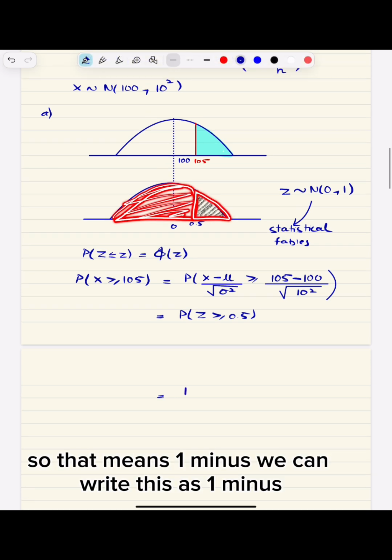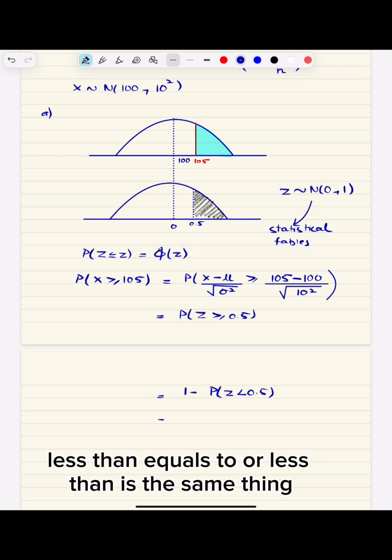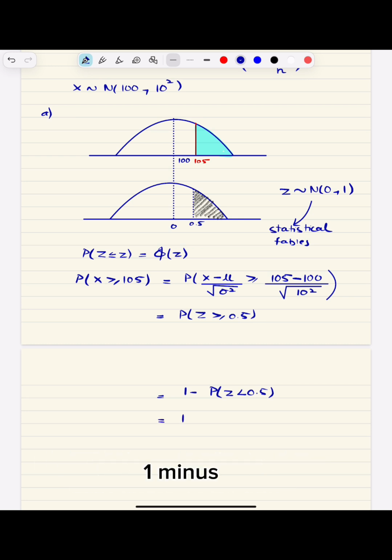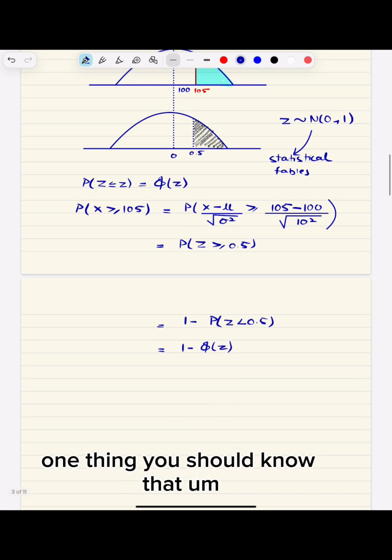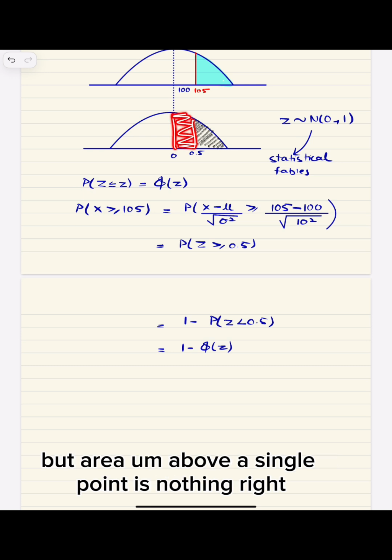That means we can write this as 1 minus the probability of z being less than or equal to, it's the same thing, 1 minus. One thing you should know is that the area between an interval is positive, but the area above a single point is nothing.